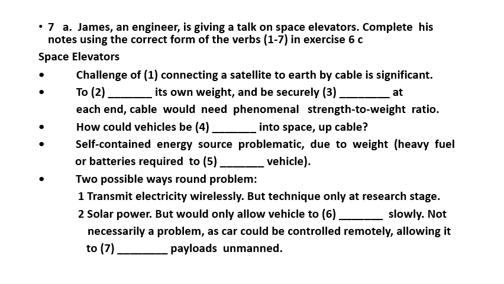Two possible ways round the problem. Transmit electricity wirelessly, but technique only at research stage. Solar power, but would only allow vehicle to do what? To ascend. That's right. To ascend slowly.